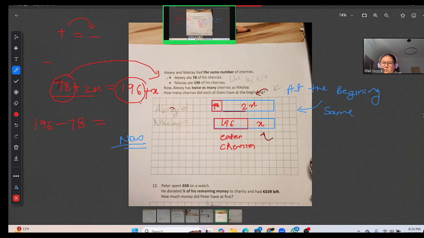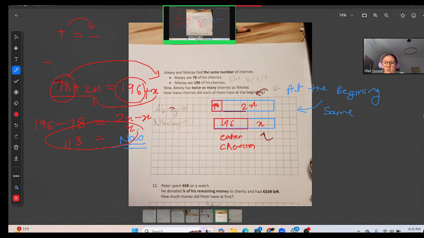Now you want to find x, so x would go there, because x is positive, this is 2x, this will become minus x. 2x minus 1x would give you x, and if you subtract 196 minus 78, this would give you 118. That means x is 118.